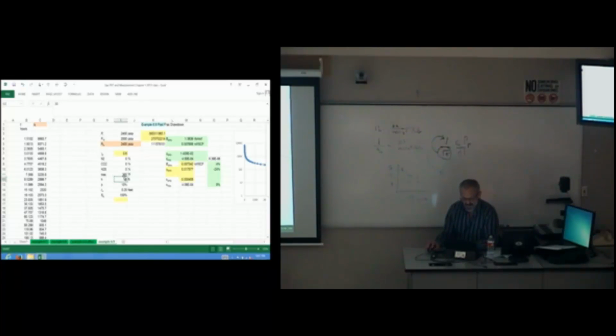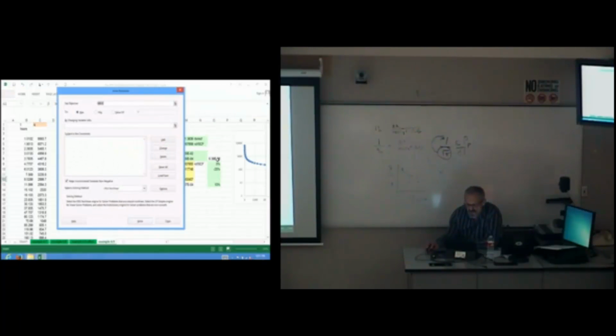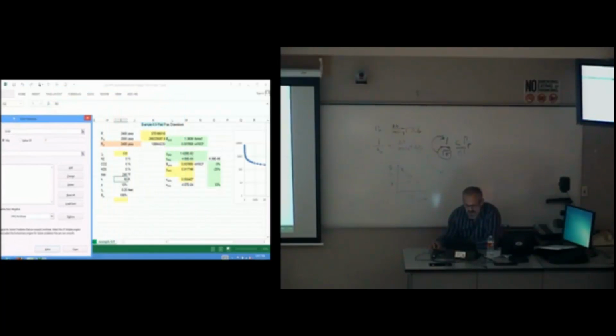Okay, it looks like we could hit it. I don't even need solver. So let's try solver anyway. We can use solver or data analysis. We'll use solver. Set this cell to be a minimum by changing the reservoir temperature.